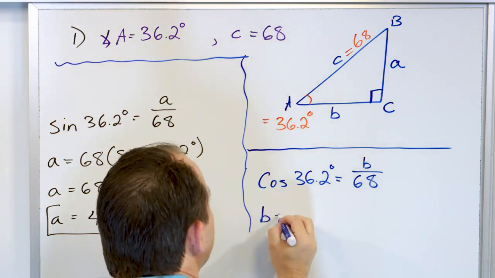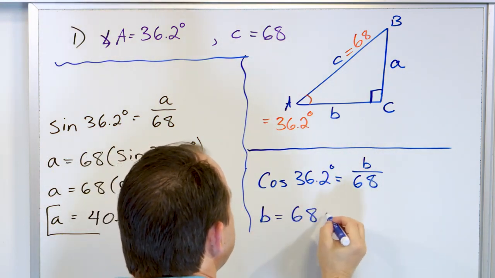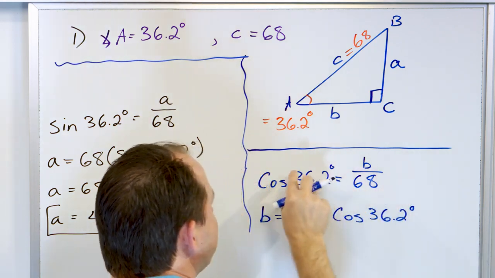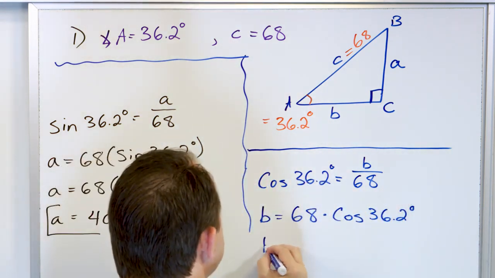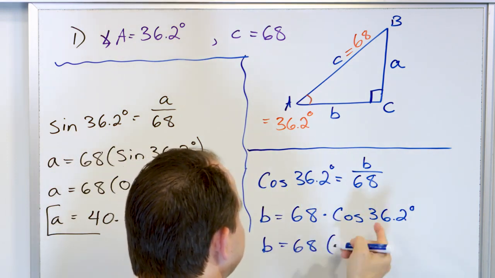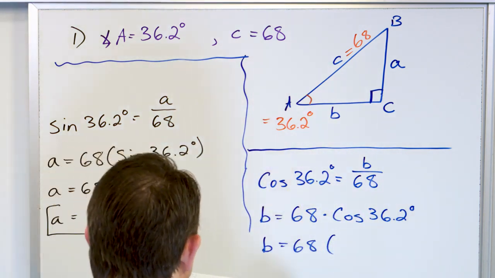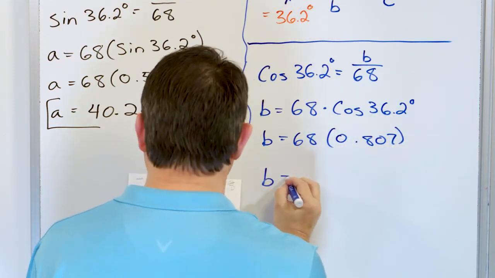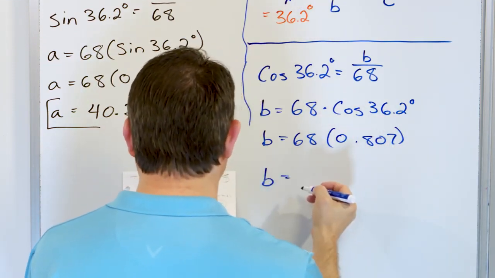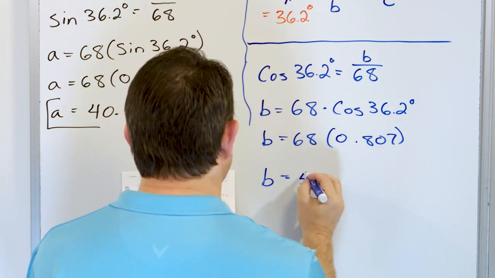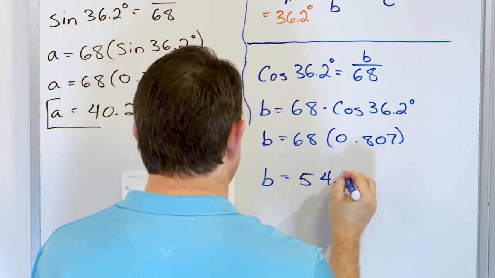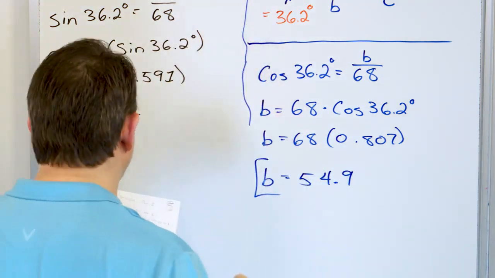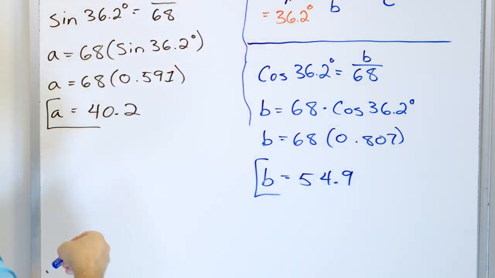So then B would be equal to 68 times the cosine of 36.2 degrees. Just multiply both sides by 68. And then what you get here is 68 times this cosine 36.2, you get 0.807, of course rounding. And when you take 68 times 0.807, you would get 54.9. And again, if it was in meters, then this would be 54.9 meters. If it was in centimeters, it would be in centimeters.